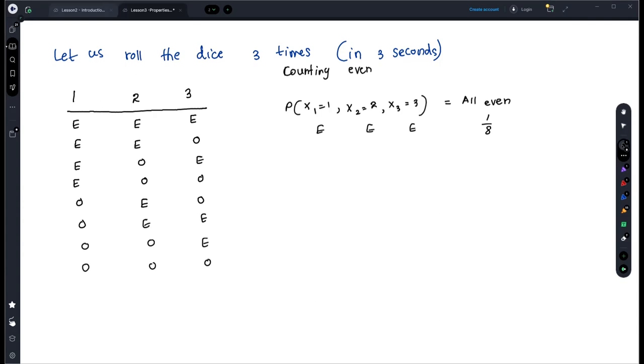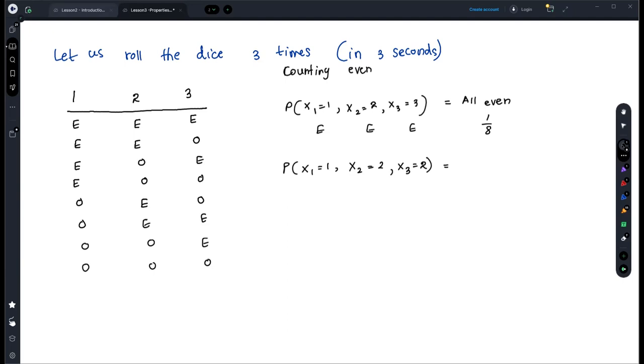What about this one? Probability x1 equals 1, x2 equals 2, x3 equals 2. When will that happen?